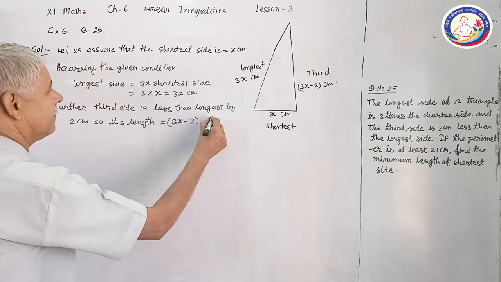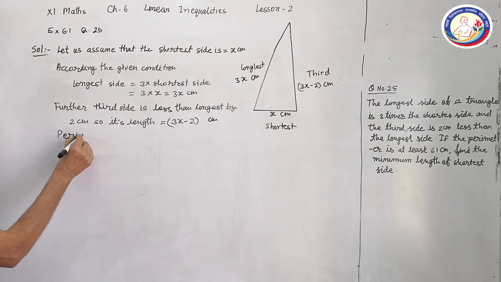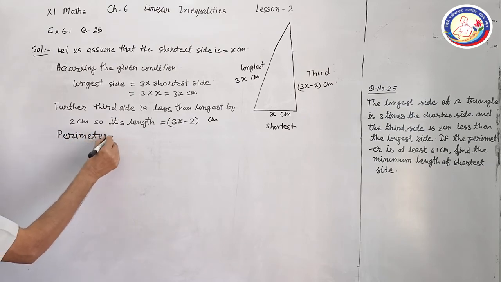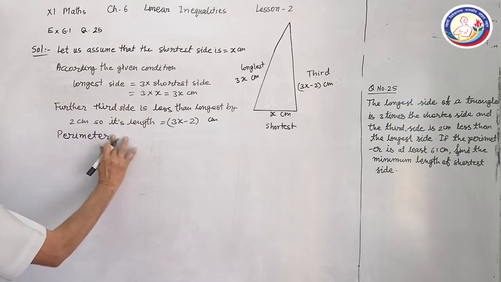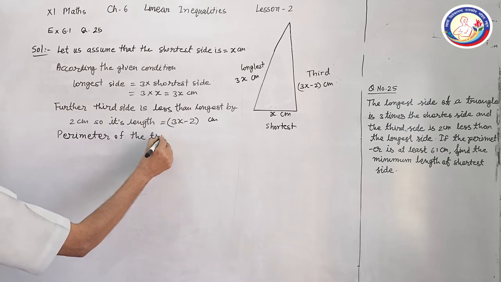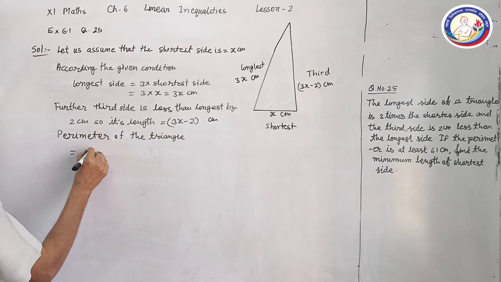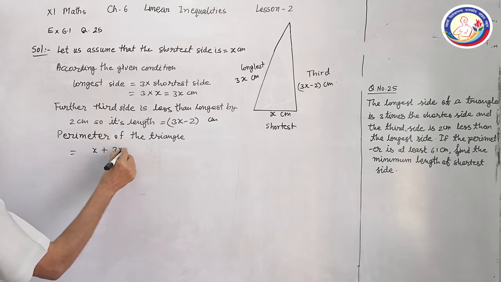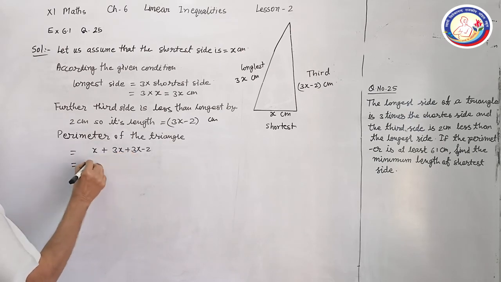Now what is the perimeter? Perimeter of the triangle is x plus 3x plus 3x minus 2, and that is equal to 7x minus 2 centimeters.